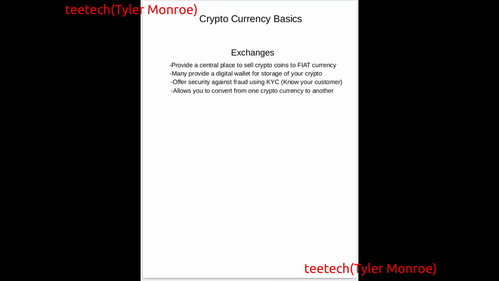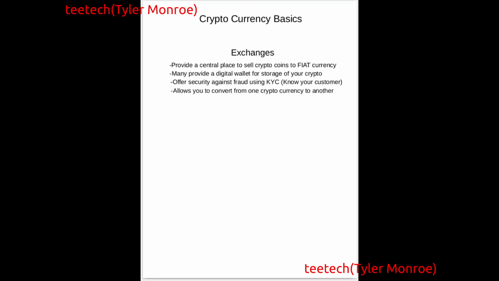A lot of them provide an online digital wallet. You can store your crypto there. I only recommend storing it there if you are going to sell it. Otherwise, keep it on a software wallet on your computer, or better yet, buy a hardware wallet. That's highly recommended because that's the most secure way to do it.